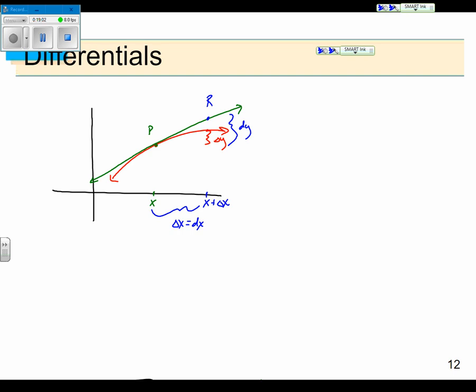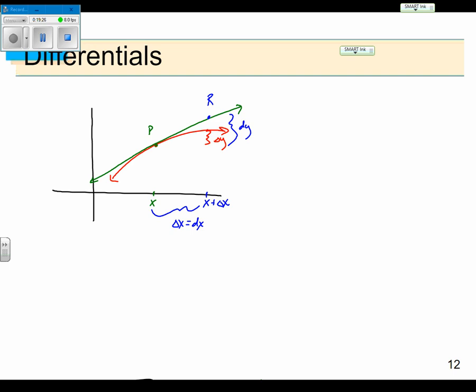And so my goal is that as this slides further and further down, my dy and my dx get closer and closer in value. So if my point is right here, dy and delta y are going to take on a very similar value. I just put it up here so you can kind of see the difference.